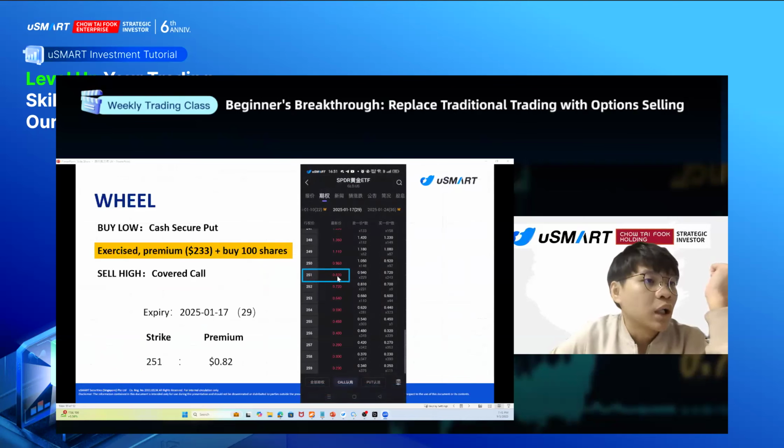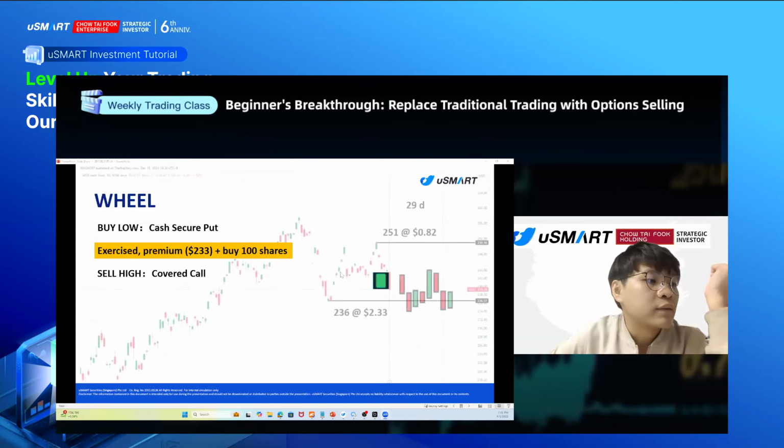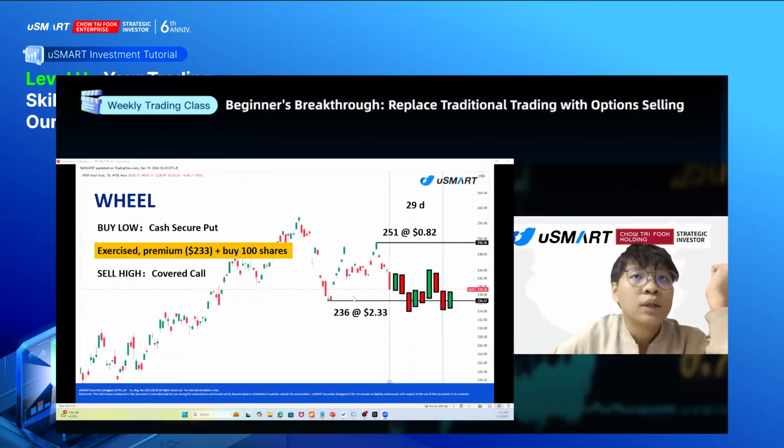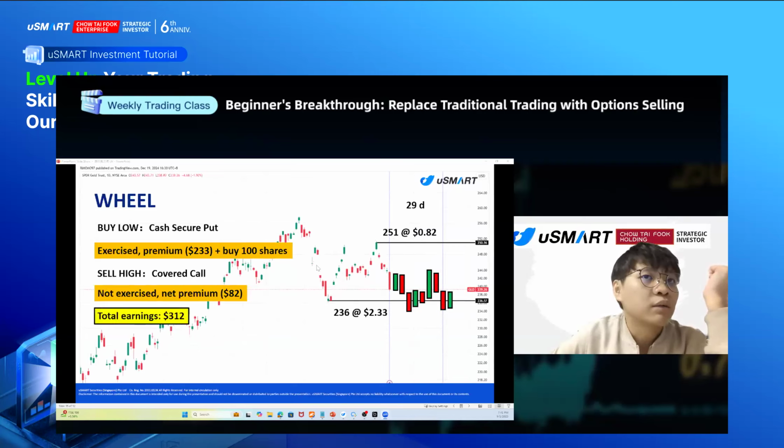It's 82 cents. So let's say I sell this covered call, and I'm able to get a net premium of $82 and the net total earnings is $312.